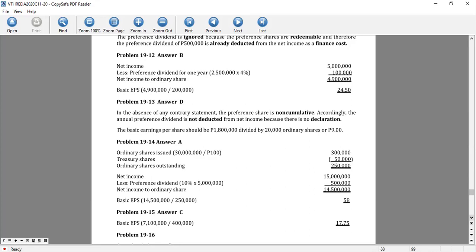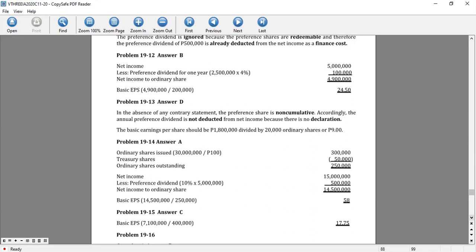Meaning the number of shares increased by 200,000, making the outstanding shares equal to 400,000. In other words, the initial was 200,000, and lately we have the issuance of share dividends that made it a total of 400,000 shares.